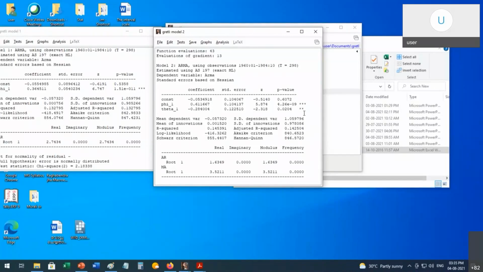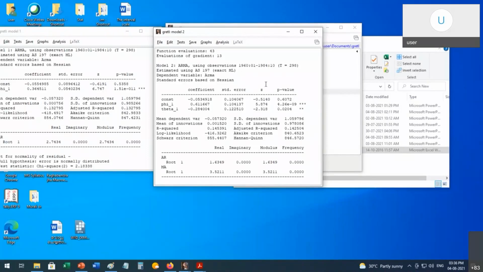We can download and install them. Then that will identify the order of the ARMA model. So this particular case I am taking just to show how difficult it was earlier to identify or estimate a particular ARMA model.